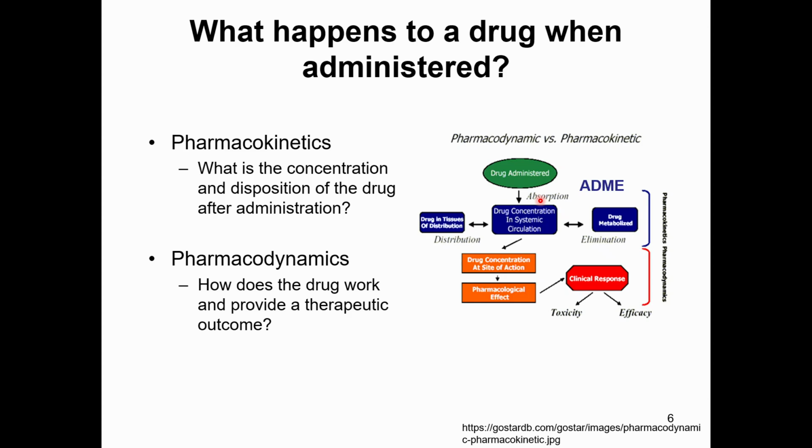But equally as important as how it builds up in the blood is how it's removed. The drug can be metabolized, its chemical structure can be changed by enzymes in the body, and most of the important enzymes are divided into, incidentally, enzymes called phase 1 and phase 2 enzymes. Phase 1 enzymes are cytochrome P450s, CYP enzymes.